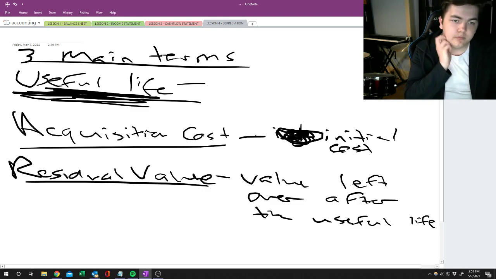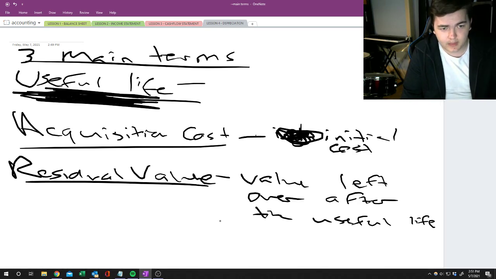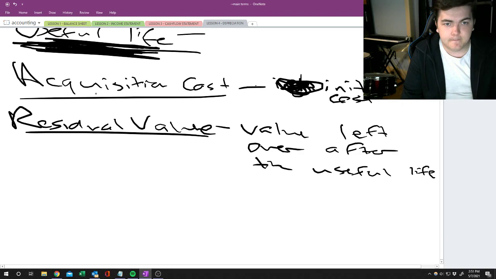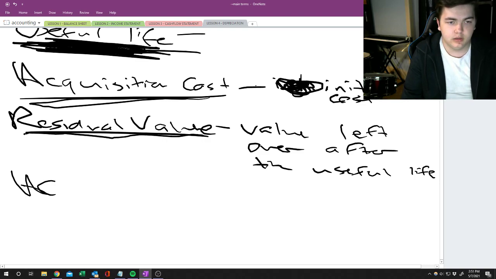Okay. So once you have these three pieces of information about an asset, the acquisition cost is depreciated every year of the useful life until the residual value is reached, or you sell the asset, or you're done with the asset.